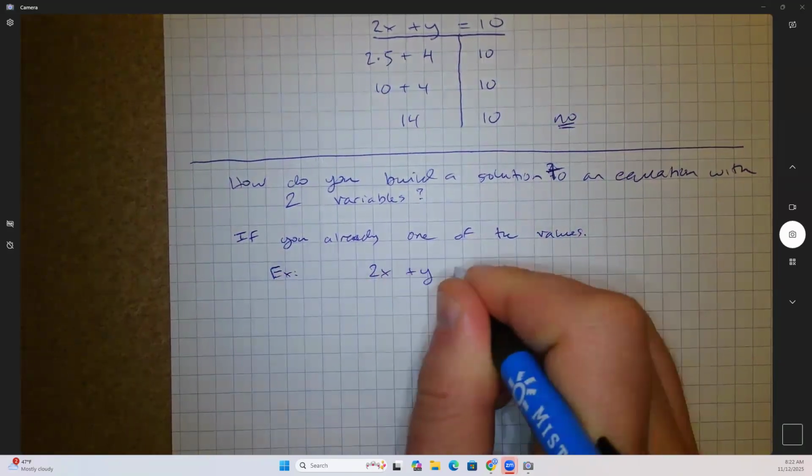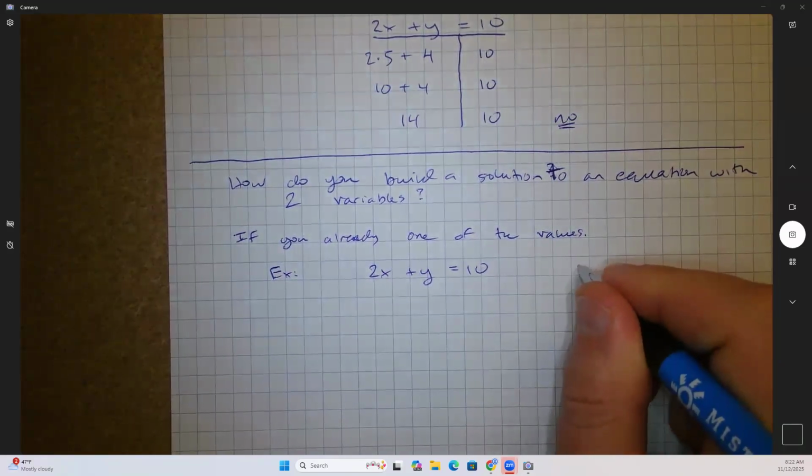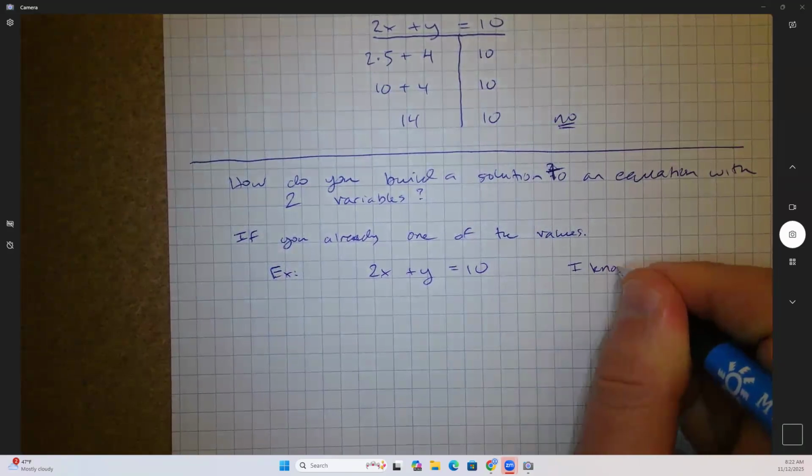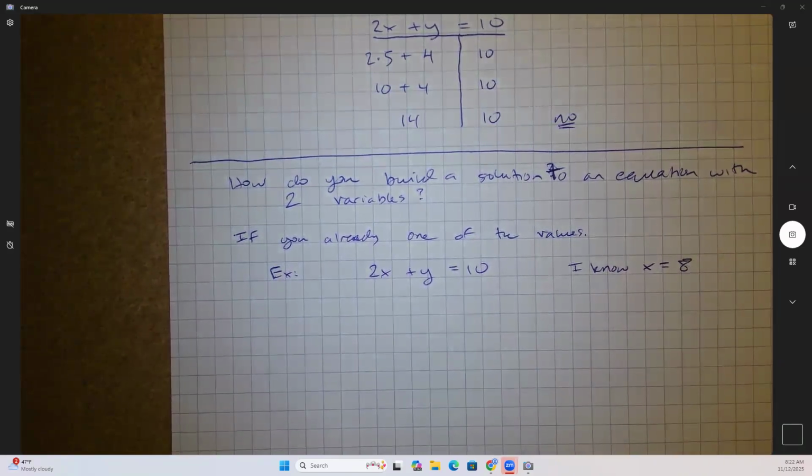So let's take our 2x plus y equals 10. And suppose I know that x equals 8.